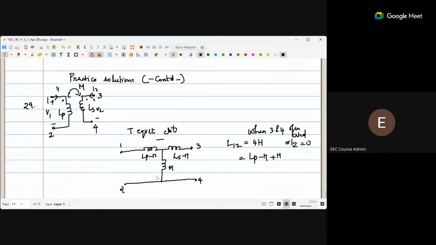That means this plus this will give you the equivalent inductance in the primary. That means between 1 and 2, that is given to be 4 Henry. So that means LP is 4.